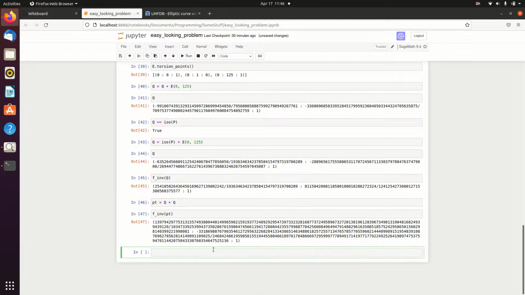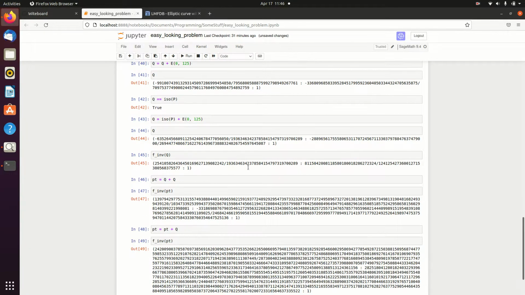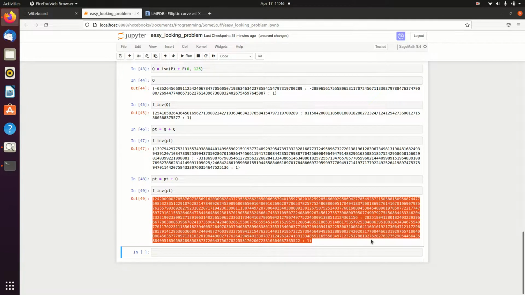And then we would try to add multiples of Q. Of course one would make this in a loop if we hadn't actually already solved it. And so now we could look again at f inverse of this point, and this time we would be lucky.